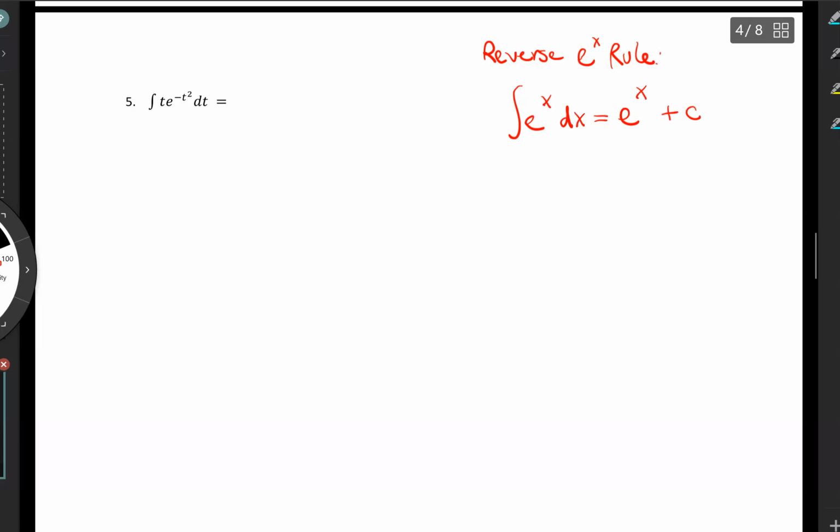Okay. So to use this rule, what are my requirements? I need an e, which I have, right? You can't use this rule if you don't have an e. We have an e. I need my exponent to be a plain variable. And right now, that's not happening, because this exponent is not a plain variable.